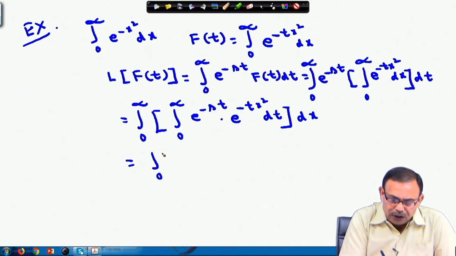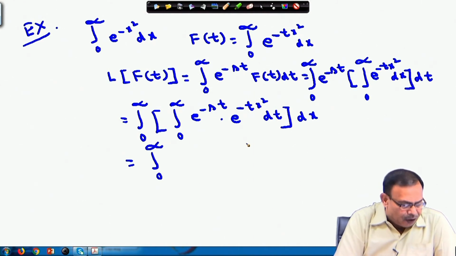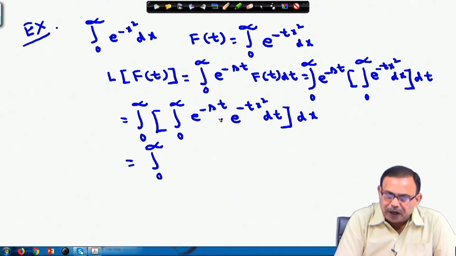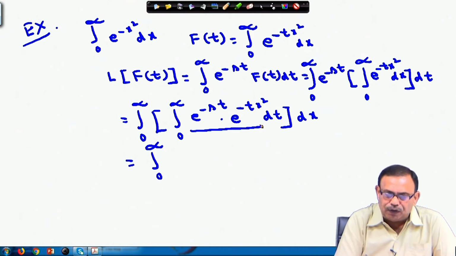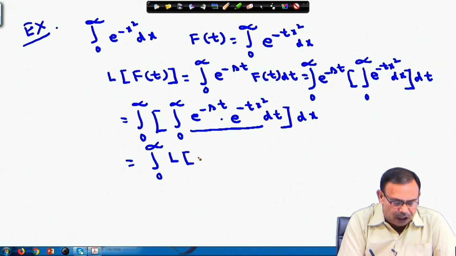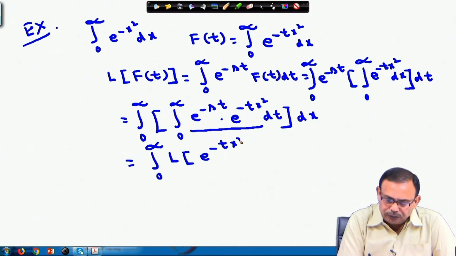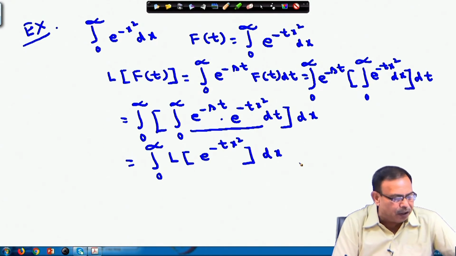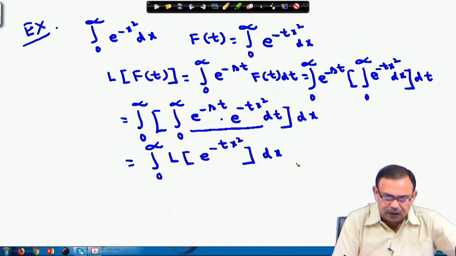This integral, if you see, is in the form of 0 to infinity e power minus s t into f(t) dt, where f(t) is nothing but e power minus t x square, which is the definition of the Laplace transform. So I can write the Laplace transform of e power minus t x square into dx.